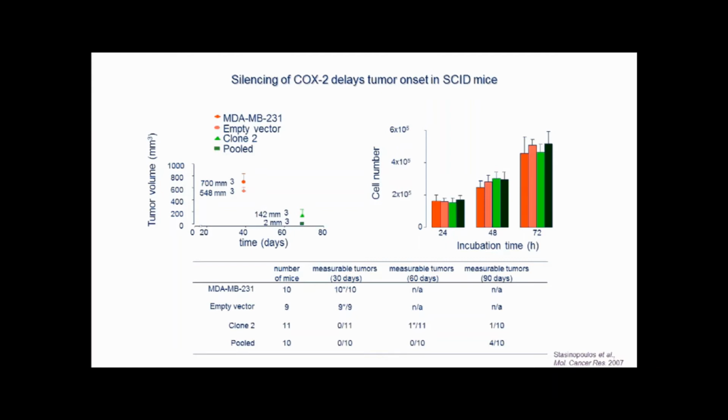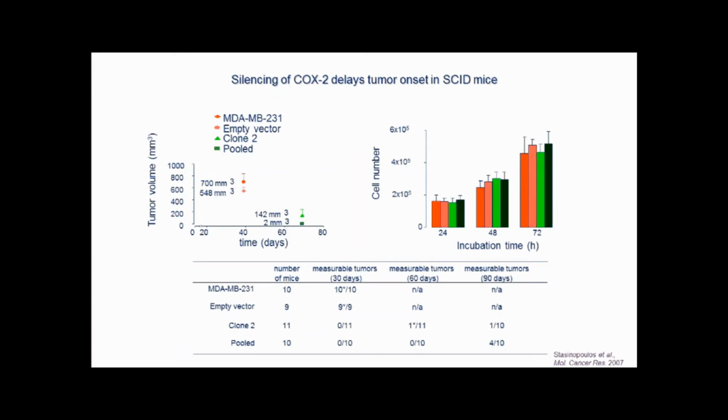But of course, if you can find that Achilles heel in tumors and find a target that is so important to cancer cells that if you knock it out, the cells stop growing or stop metastasizing, that is one of the key issues in cancer, because there are so many ways that cancer cells adapt and survive.